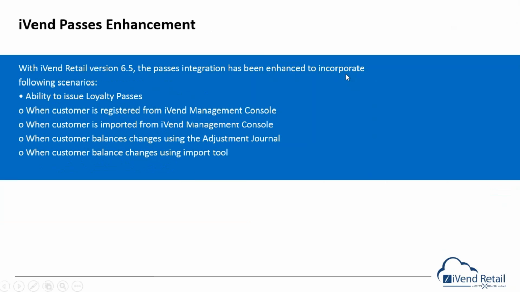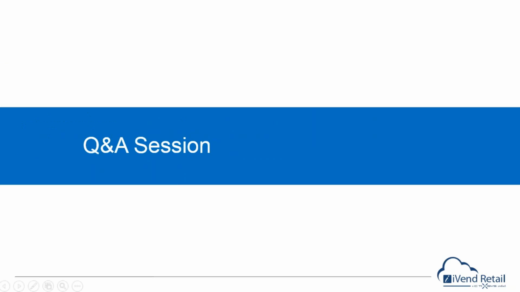Now, moving ahead, last but not the least, we all are aware of iVend passes. As an enhancement, with iVend 6.5, the passes integration has been enhanced to incorporate the following features. Ability to issue loyalty passes using iVend passes, of course.